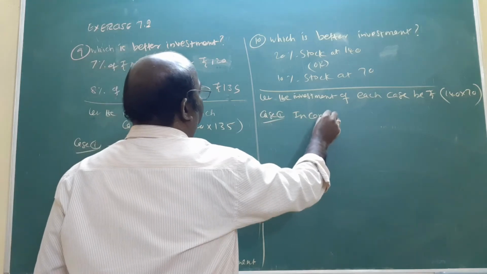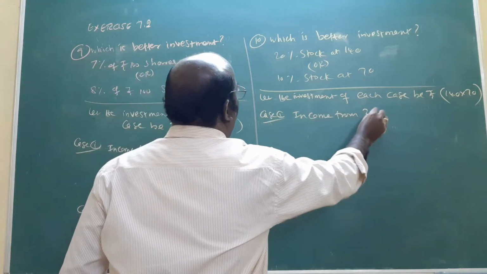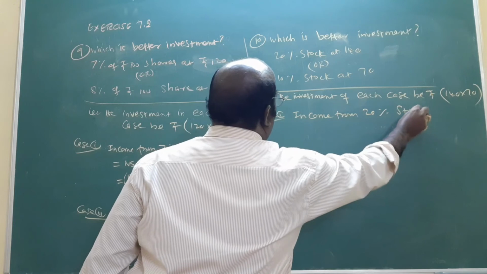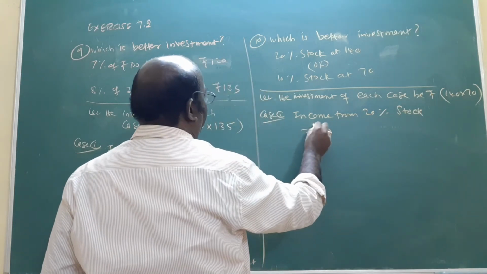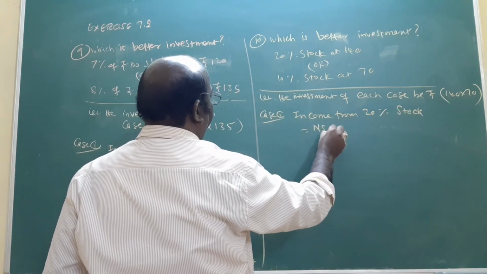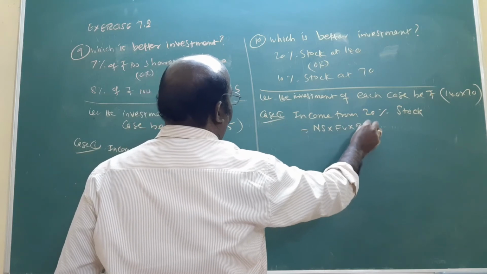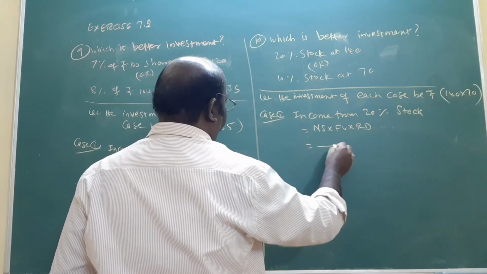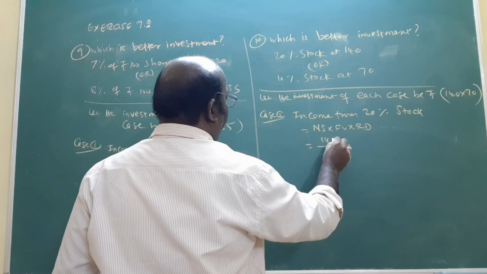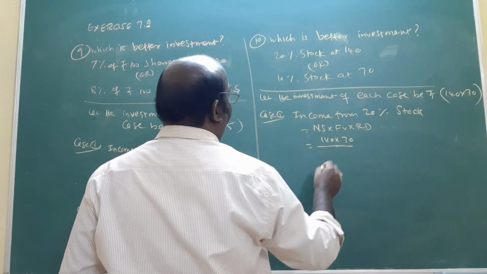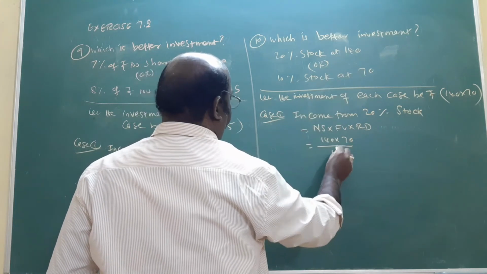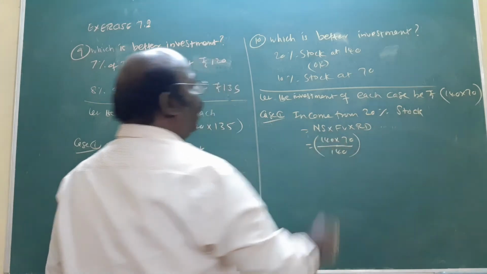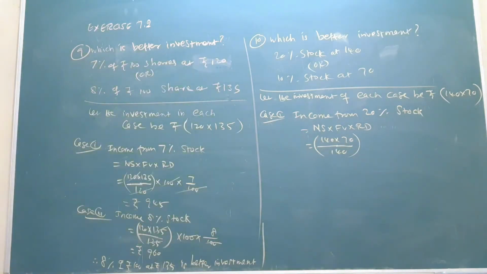Income from the 20% stock is equal to what? What I told you: number of shares into face value into rate of dividend. Number of shares means money invested, 140 into 70, divided by the market value, 140. Am I right? Same thing only.